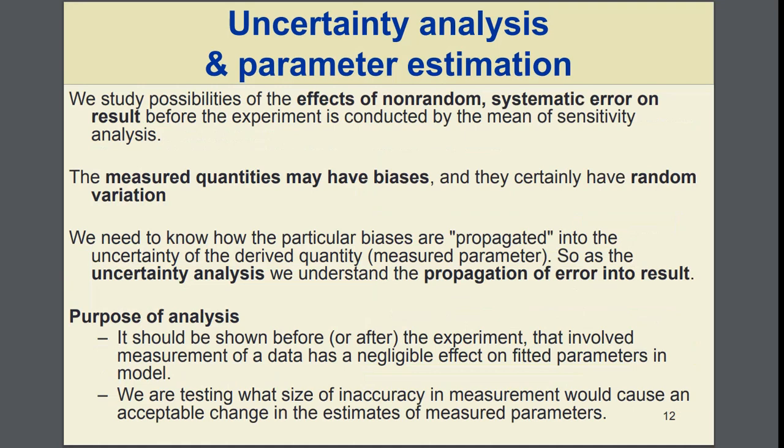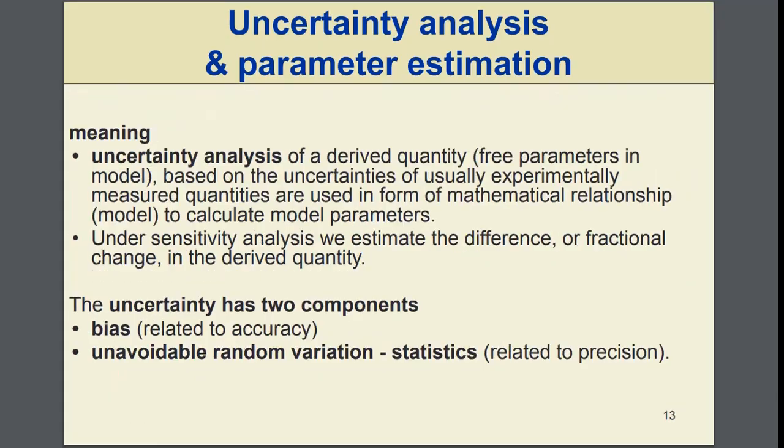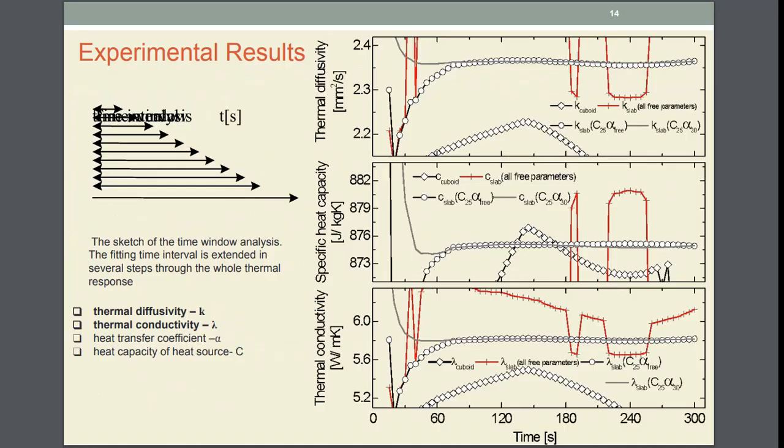This is uncertainty analysis and parameter estimation. This is nothing but how the theoretical error propagates in the experiment, and how we can understand that a small sensitivity coefficient value can bring large uncertainty in the experiments.